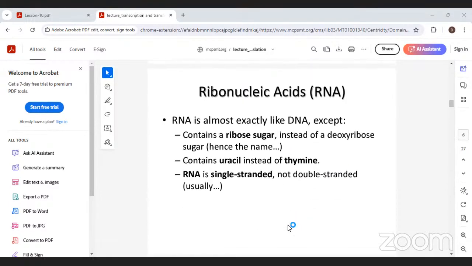Next, RNA, ribonucleic acid. RNA is almost exactly like DNA, except it contains ribose sugar instead of deoxyribose sugar. It contains uracil in place of thymine. DNA is double stranded, but RNA is single stranded.